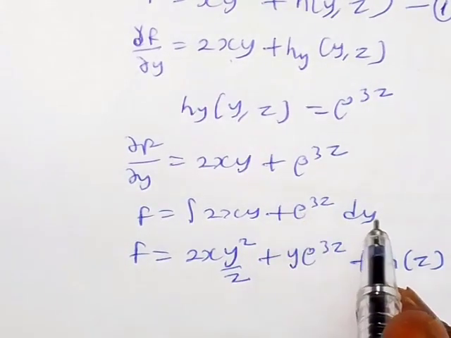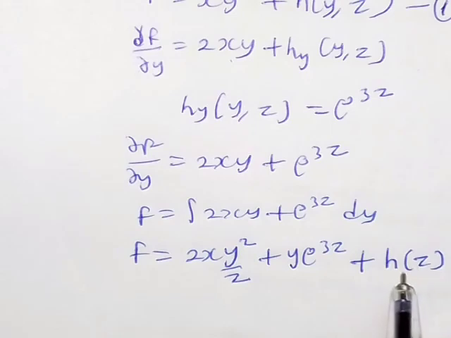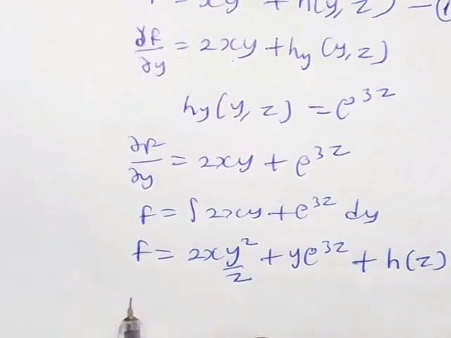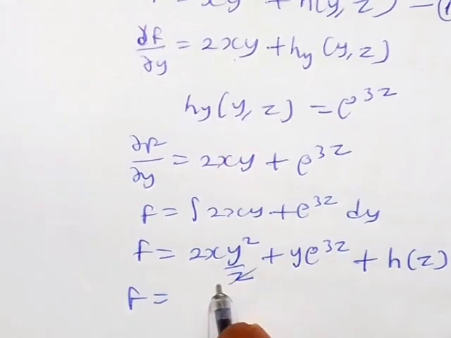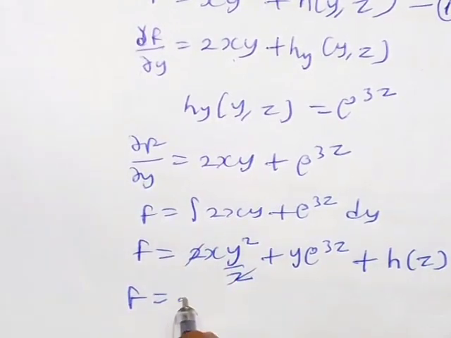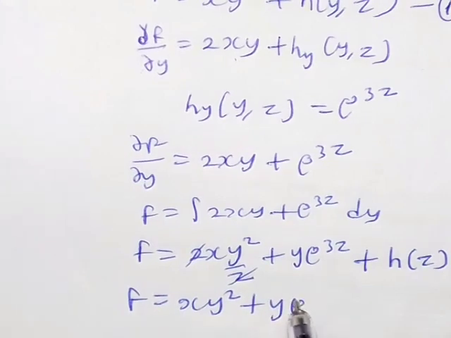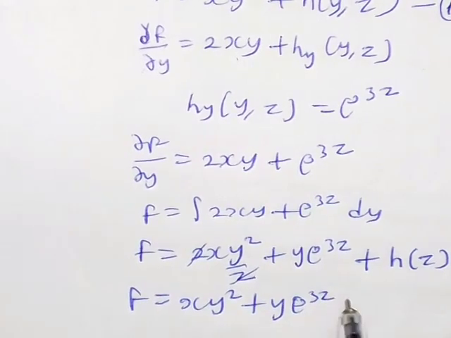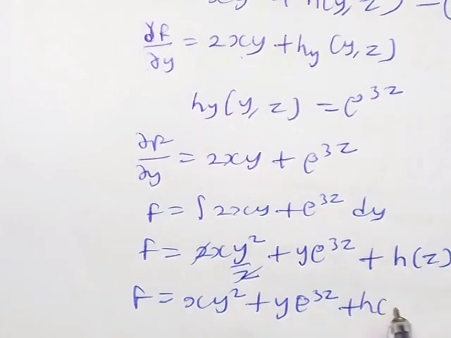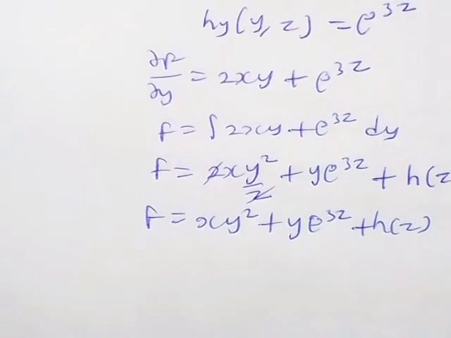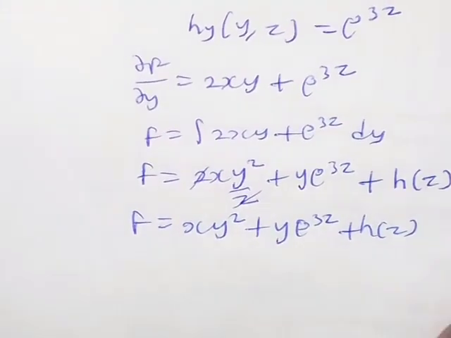When we integrate with respect to y, we have our constant of integration to be h of z. So we can write this as, this is 2, this is 2, xy squared plus y exponential 3z plus h of z. So now let's call it equation 2.